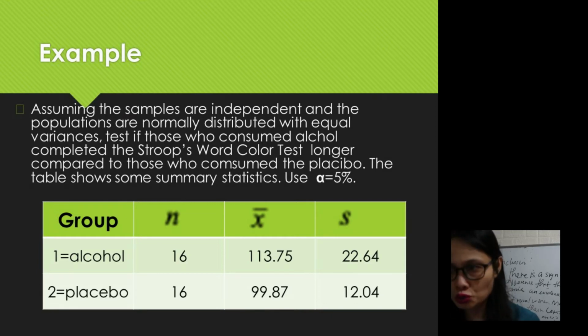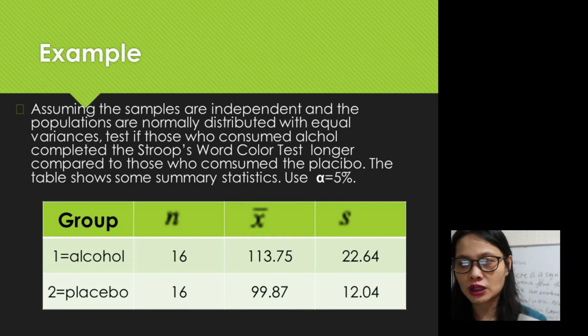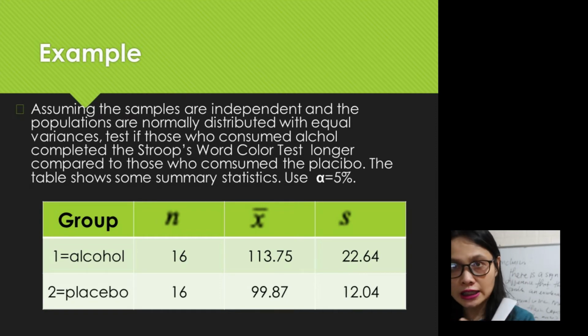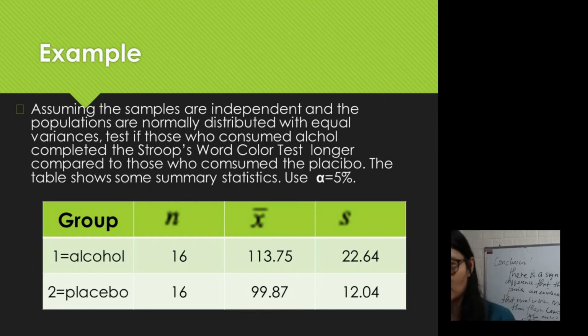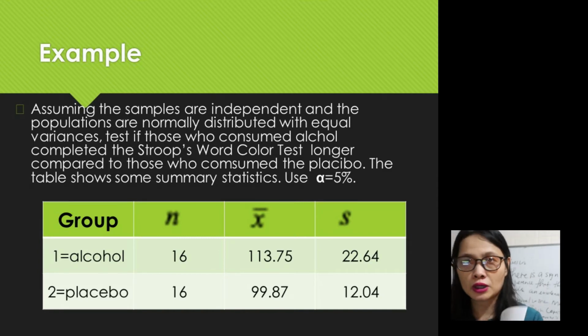The table shows some summary statistics. Use alpha 5% or 0.05. So first group alcohol, second group placebo. Sample size 16, both. Sample mean 113.75 for the alcohol group, and 99.87 for the placebo group. The standard deviation is 22.64 for the alcohol group and 12.04 for placebo.